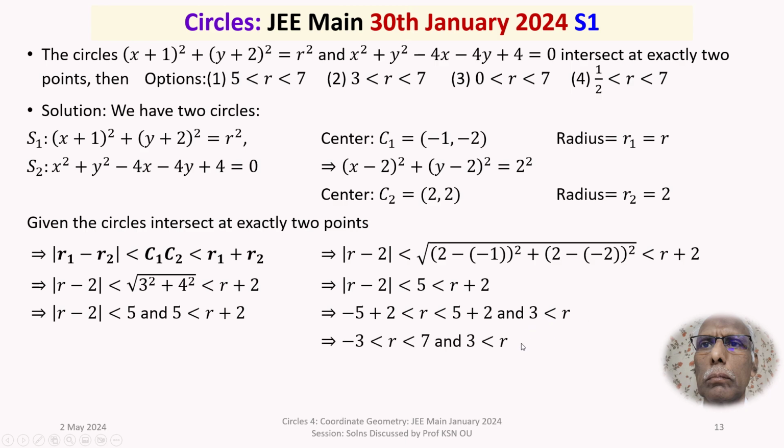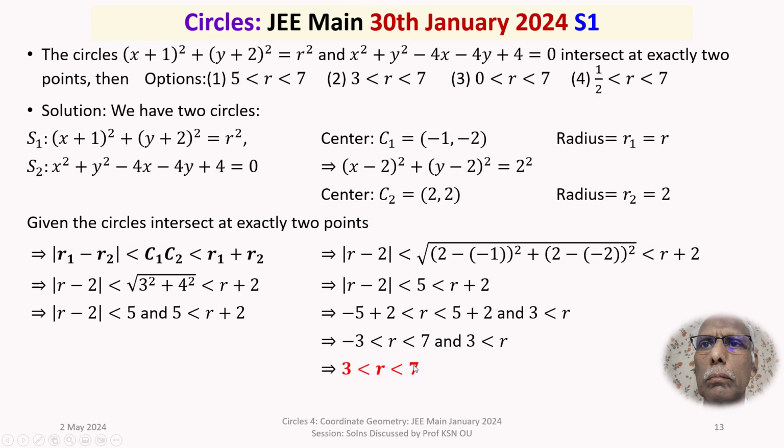And 3 < r. So what's the common range? Minus 3 to 7, and 3 < r means r > 3, so from 3 onwards. The intersection is 3 < r < 7, right?